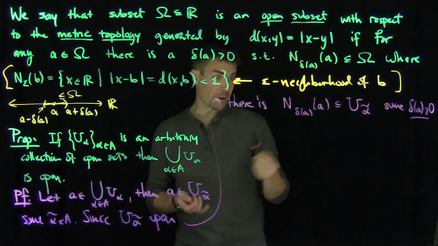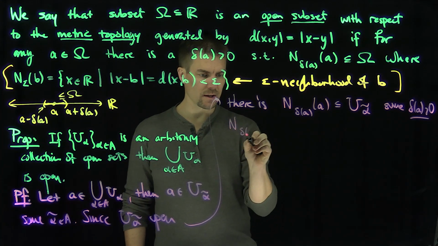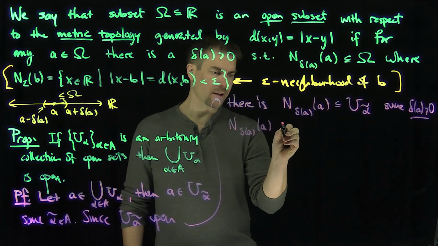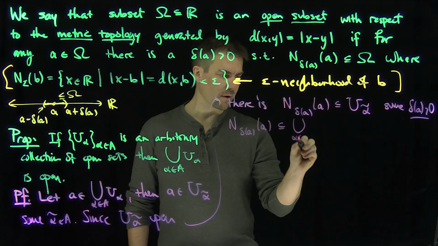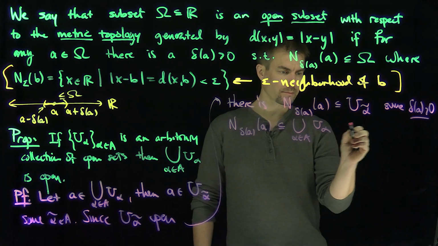This is because by definition U alpha tilde is open, and therefore this N delta a is also a subset of the union over alpha in A of U alpha, because it's in one of them. And that says it's open.